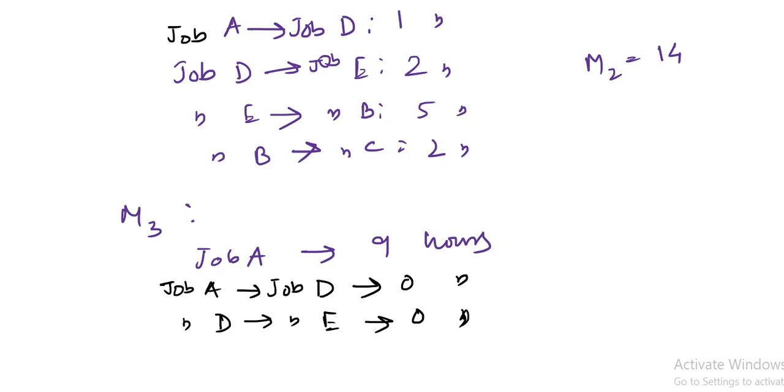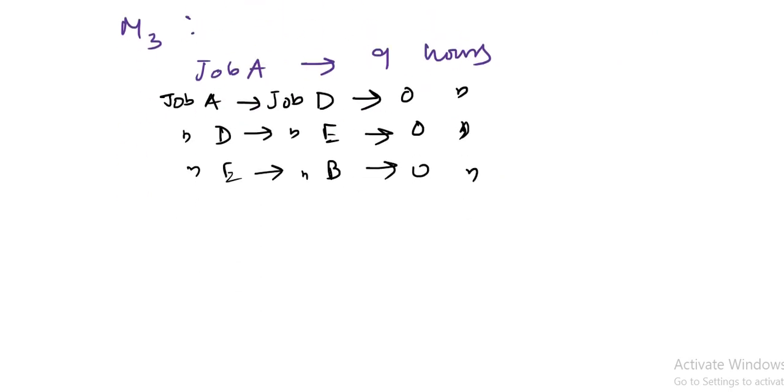Job E to B, 35 minus 35, also 0, and job B to C, 45 minus 45, also 0 hours. So the total idle time for M3 is 9 hours.